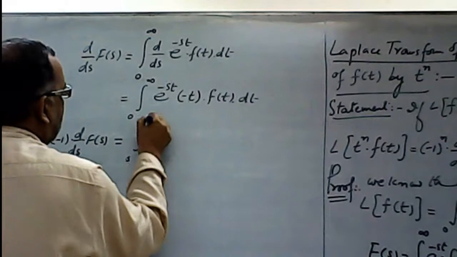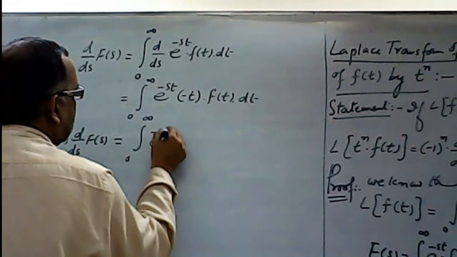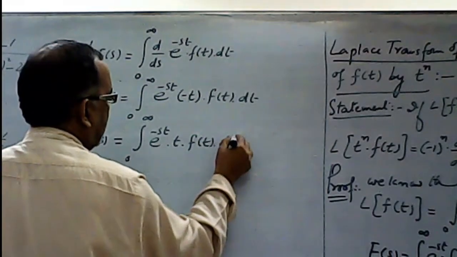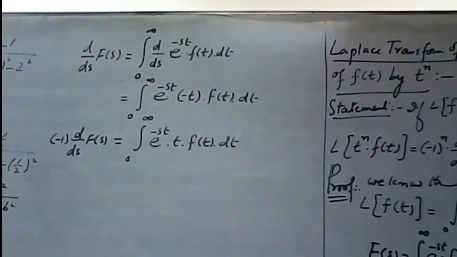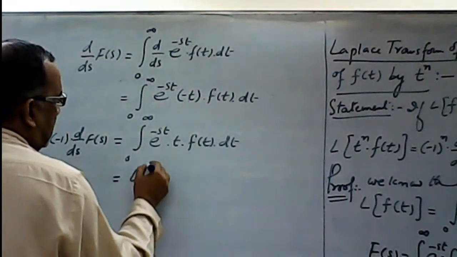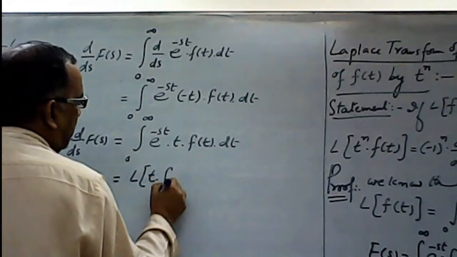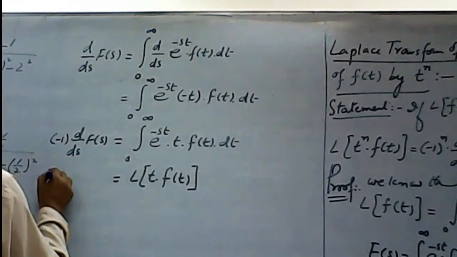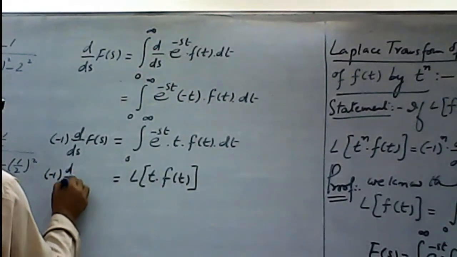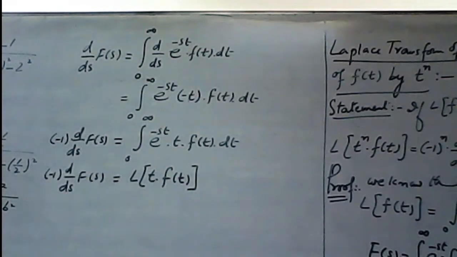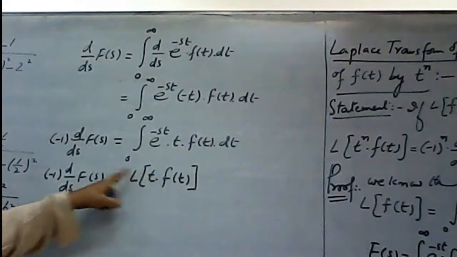Then on the right hand side I have e power minus st t into f of t dt. This can be represented as Laplace of t into f of t is equal to minus 1 d by ds F of s. So I proved the formula for n equal to 1.